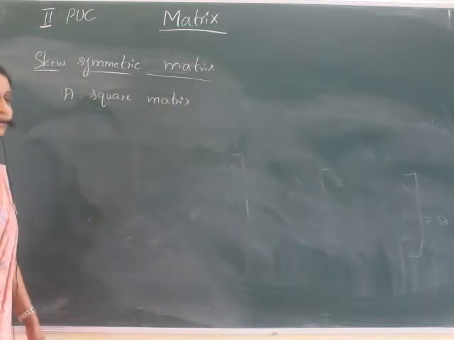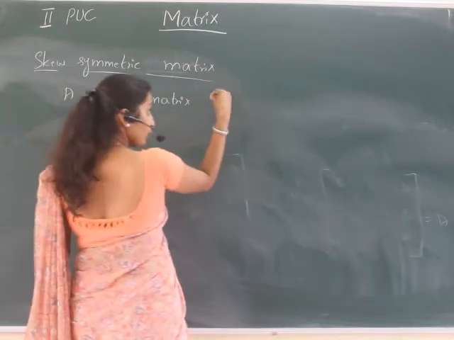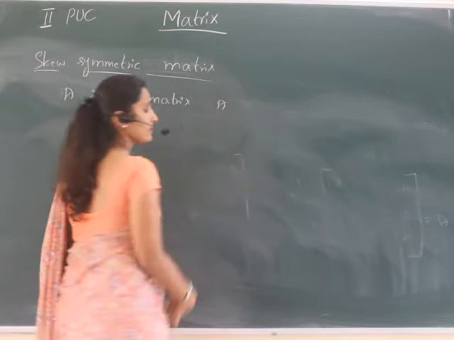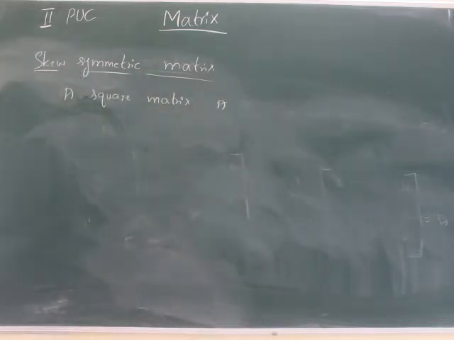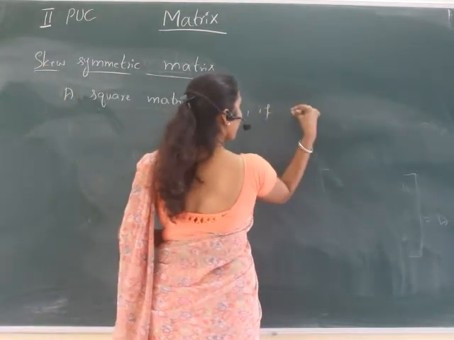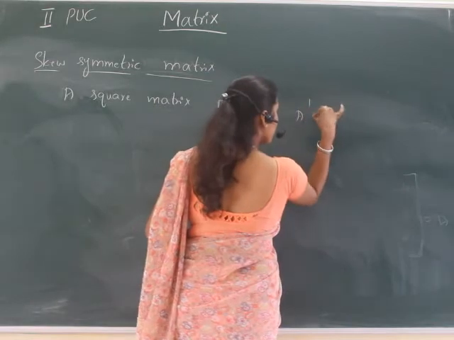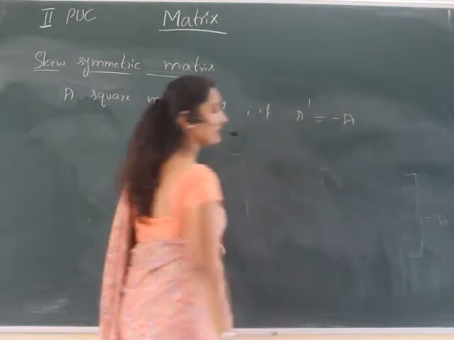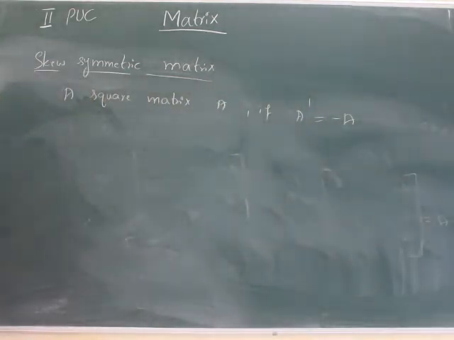A square matrix A is said to be a skew symmetric matrix if A transpose is equal to -A. First of all, it should be a square matrix.